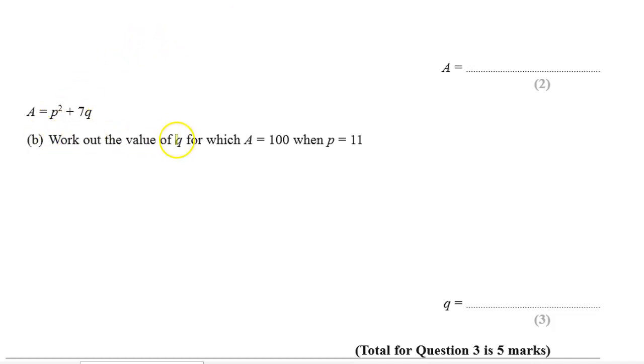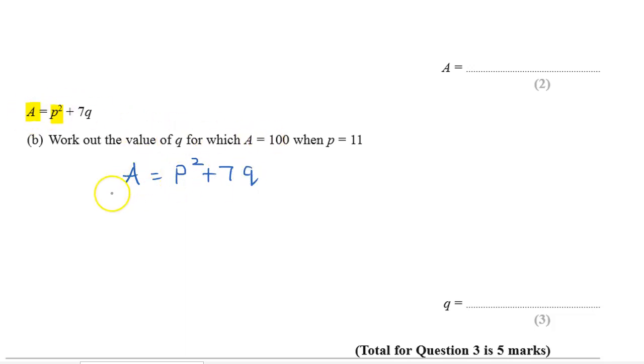Part B of the question is work out the value of Q for which A is equal to 100, and P is 11. So we'll put the value of A and P here. A is equal to P square plus 7Q.